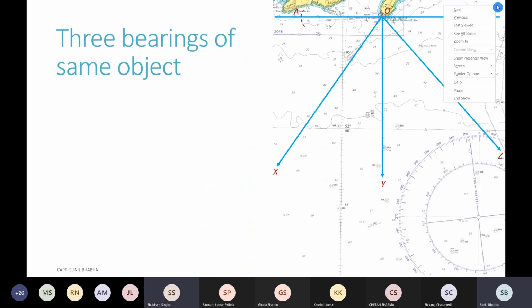Okay. Now in some of the books they may tell you to draw this line perpendicular to the middle bearing. Yes, sir. Perpendicular bisector, they used to say something like that. Sir, this is what we studied, perpendicular to middle bearing. Right. Now it is not necessary that it should be perpendicular, but the only benefit of perpendicular is that drawing it perpendicular makes your plot look a little better.